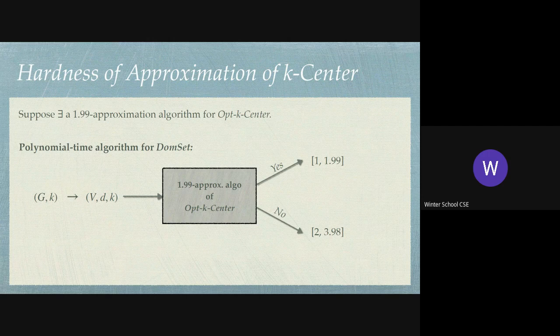Because it is an approximation algorithm, it can give you 1.99 when the radius is 1. It can give you something which is 1.99 times worse. You know that V, D, K can have radius either 1 or 2, but this is an approximation algorithm.